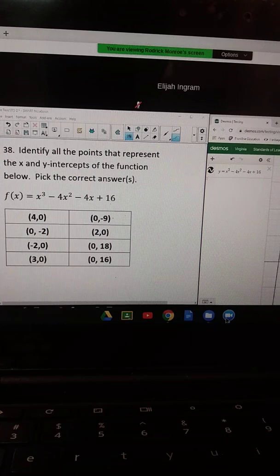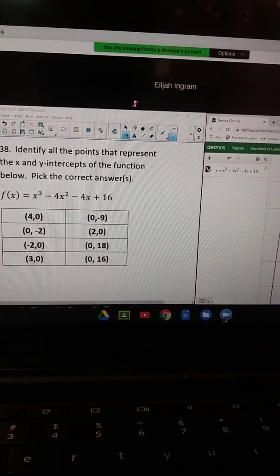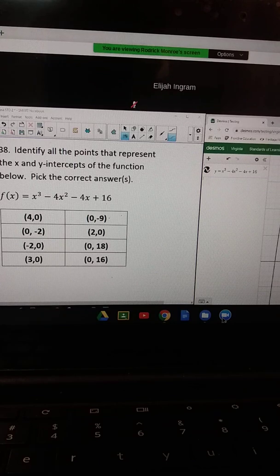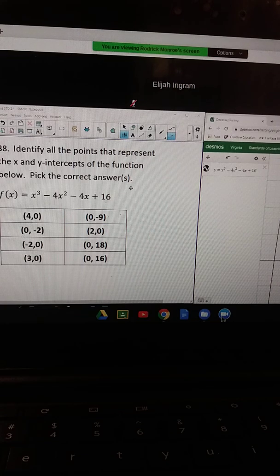So with this one, we must find our x and y intercepts for this problem. So you graph it, click on it, and you click on the y intercepts, the x intercepts, and you just circle the ones you have.